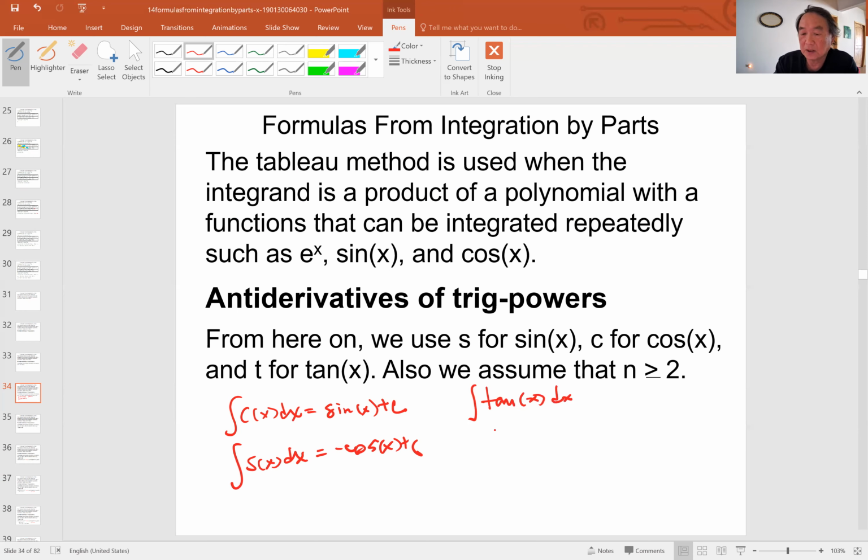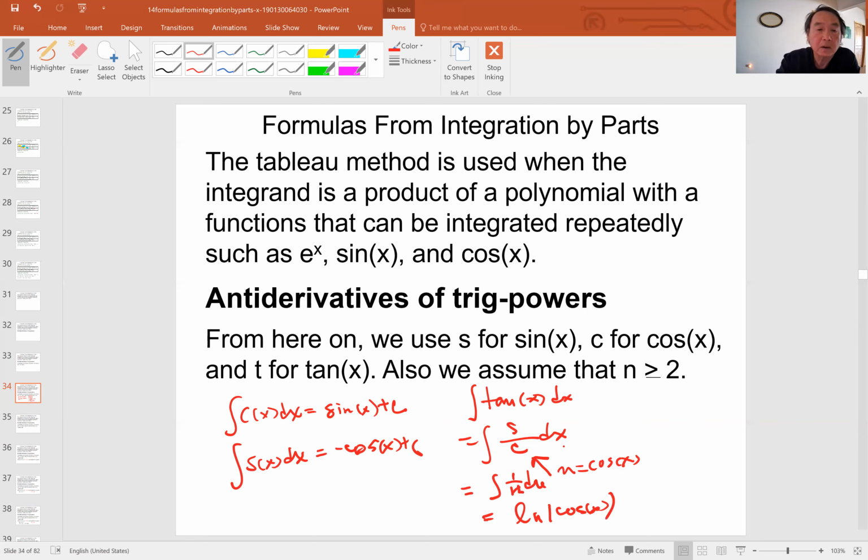Well, we're going to treat tangent as sine over cosine, and we're going to set u to be cosine of x, and its derivative is going to be minus sine. You wind up integrating 1 over u du, so you wind up with log of u, or log of cosine of x.